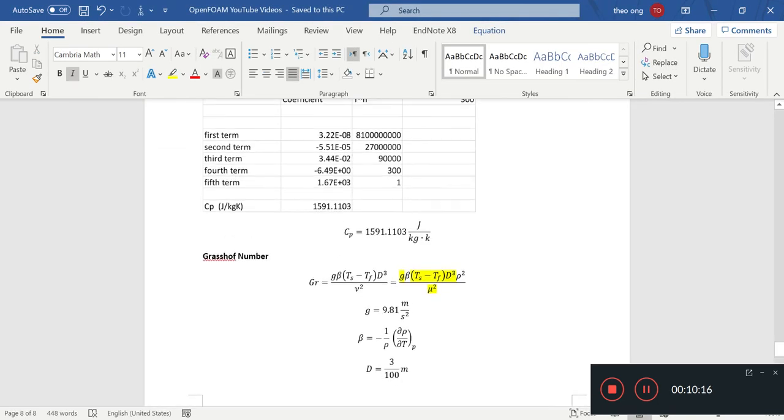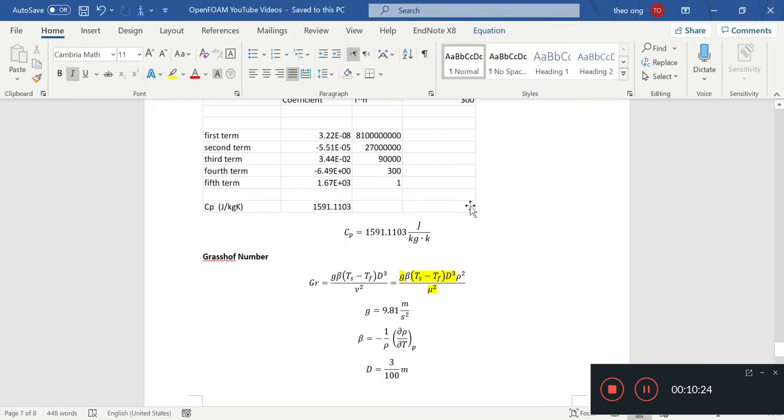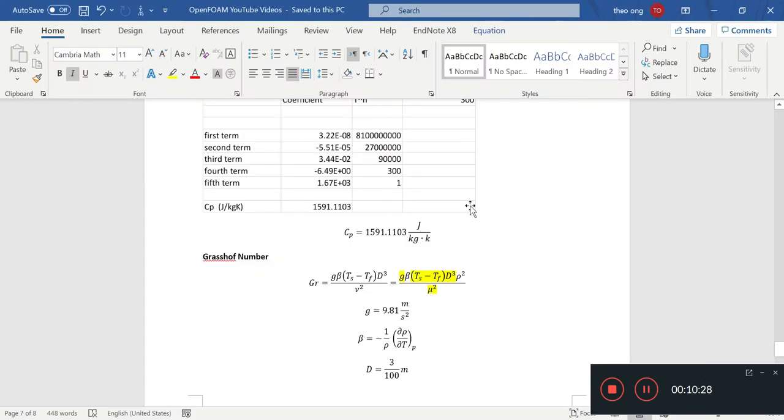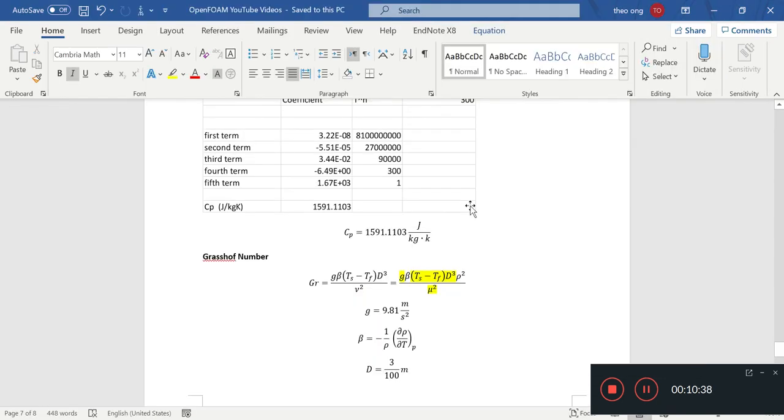Like I was saying earlier, Grashof number is g times beta, so 9.81 times the beta. We lock that cell, times Ts minus Tf, where Ts is the surface temperature, minus 300. And we don't lock it because it will change.